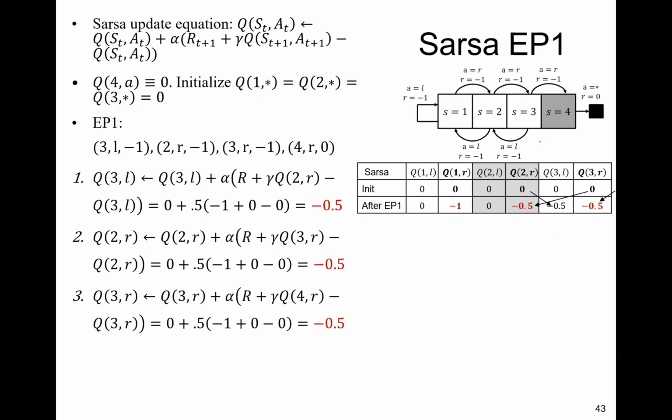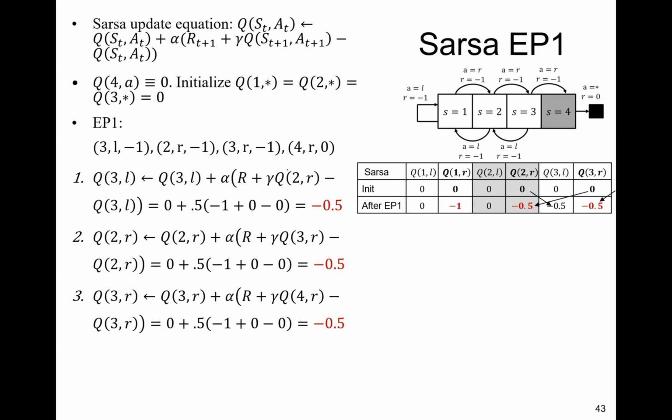So for Sarsa, you have these 6 columns for 3 states and 2 directions in every state. So from episode 1, you update.